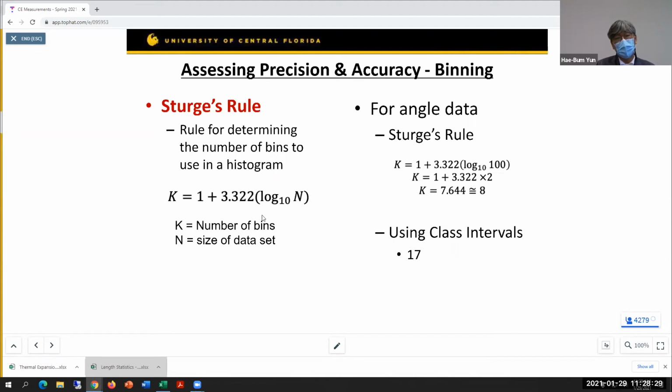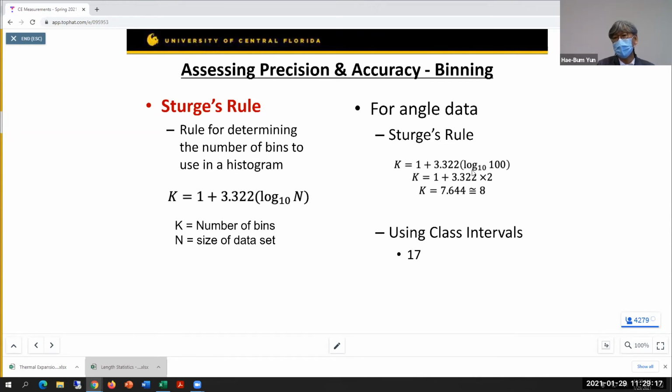In the Sturges rule, k is equal to 1 plus 3.322 log base 10 n. Here k is the number of bins in your histogram, and n is the size of the data set. In our total station angle data, if you apply the Sturges rule, then k is equal to 1 plus 3.322 log base 10 of 100, because n was 100, right?